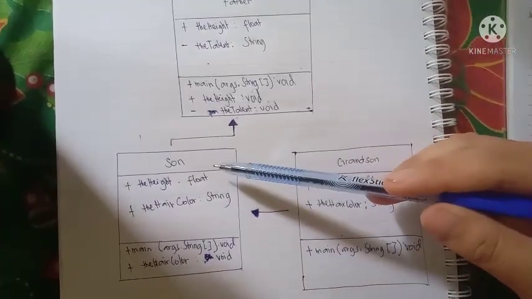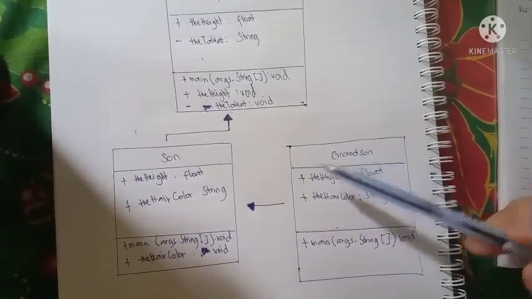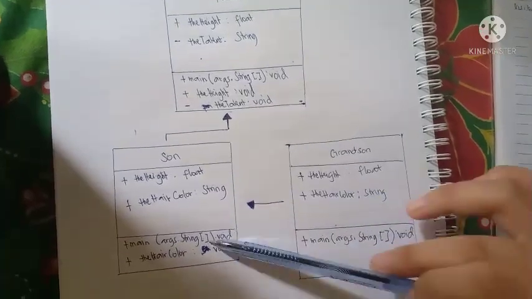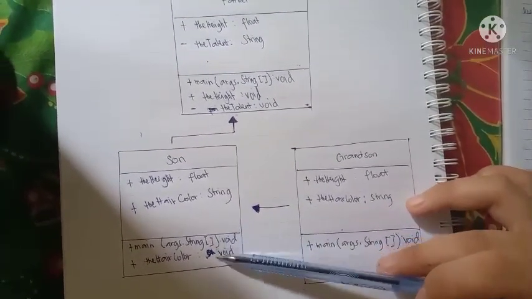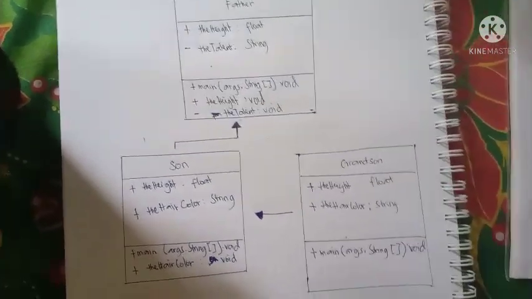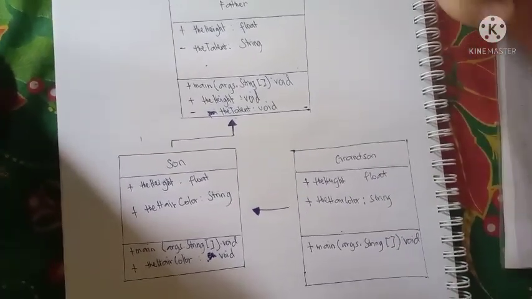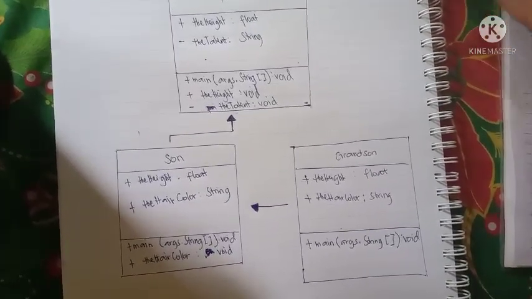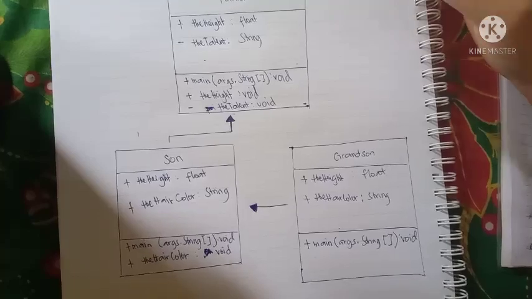Same goes here, the class and the attributes and the main or the method here. So first of all, my instances of my class are all about a father, sons, and grandson.